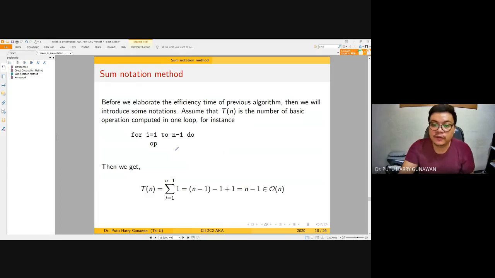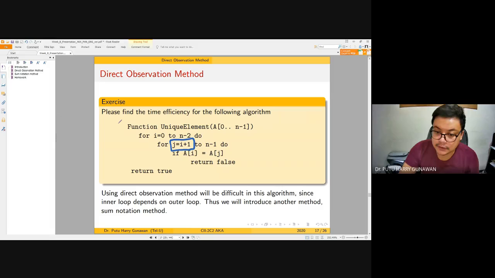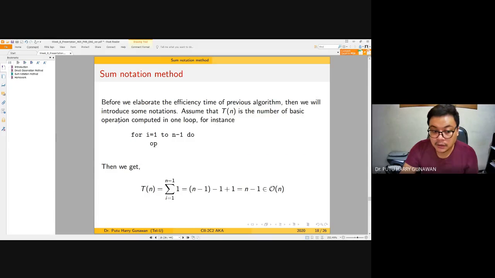Okay, before we talk about how to solve this algorithm, first we'll try this example. For instance, we have for i equal 1 to n minus 1, do this operation, one operation. So what do we do?